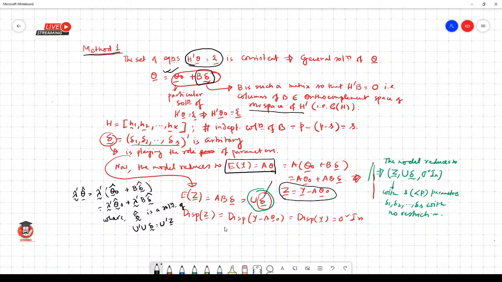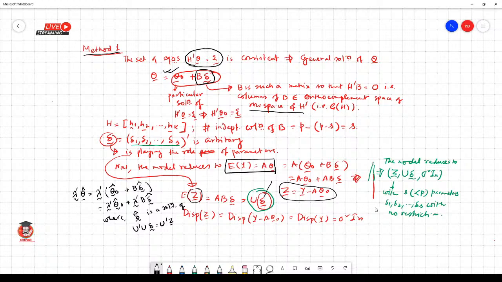So here we see that if you consider z curl is y curl minus A theta naught, in that case, we see that our parameter theta curl reduces to delta curl, where delta curl consists of delta 1, delta 2, ..., delta s number of parameters, and in that case dispersion of z equals sigma square I n.